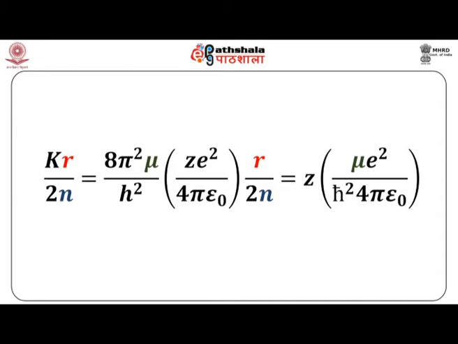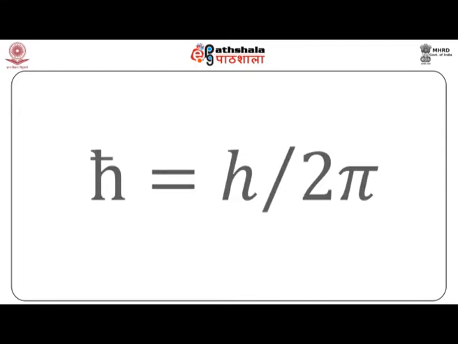term kr by 2n, we substitute here the value of k, which is 8 pi square mu upon h square, Z square upon 4 pi epsilon 0, into r by 2n, and that basically simplifies to give you Z into mu e square upon h cross square 4 pi epsilon 0, where h cross here is h upon 2 pi.